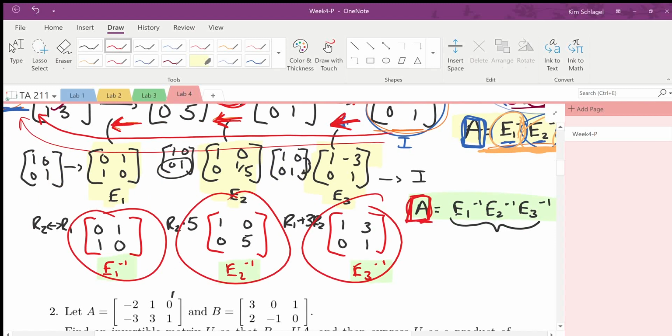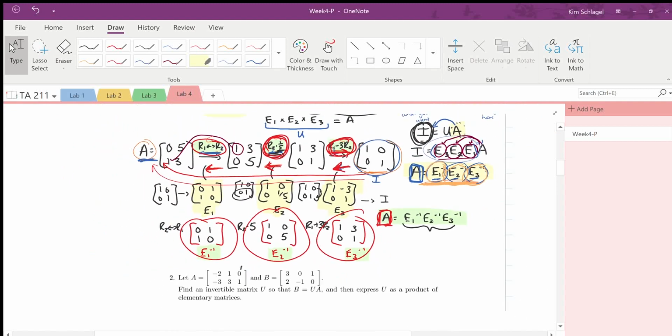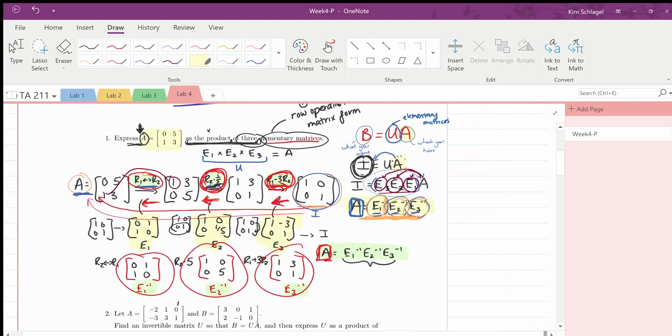Okay, so when you approach these problems, you really have to consider this formula here. So B equals UA, where U is elementary matrices, and you have to figure out what you want. So in this case, we did want to have A isolated, so we had to multiply by the inverse here in order to get A by itself.